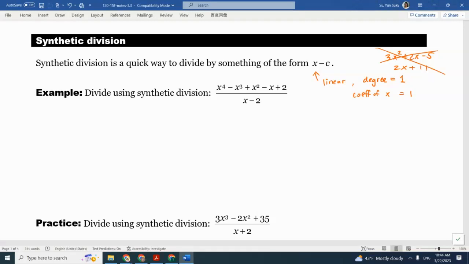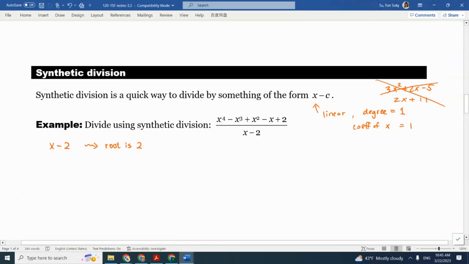Okay. All right, so look at this problem. So we want to use synthetic division. So how does that work? Look at the denominator. So x minus 2. So that corresponds to the root is 2. Okay. Why do I say that?